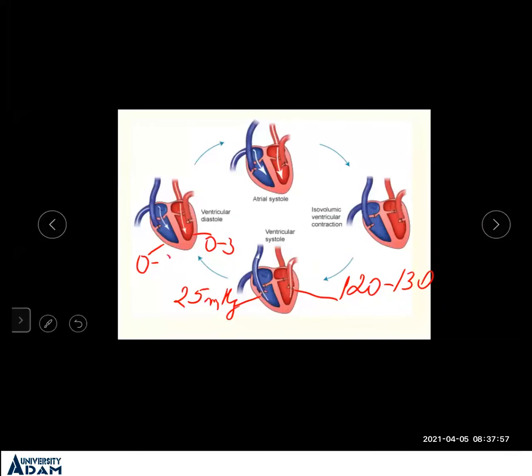Yes, students, during diastole in ventricles pressure decreases to very low values, and it can reach even 0.